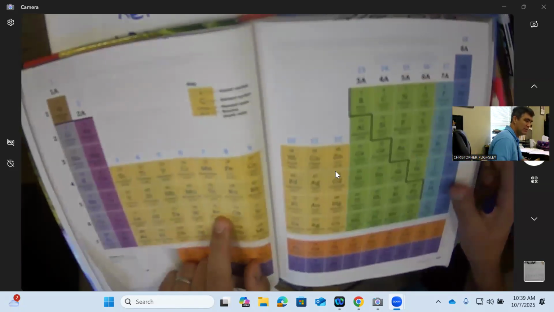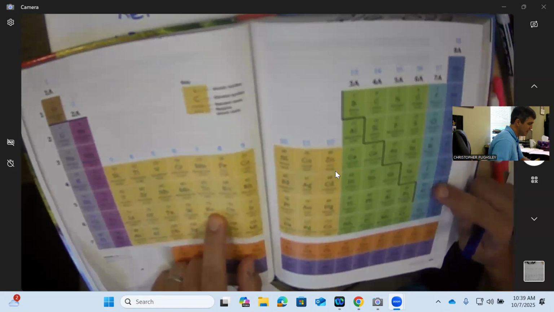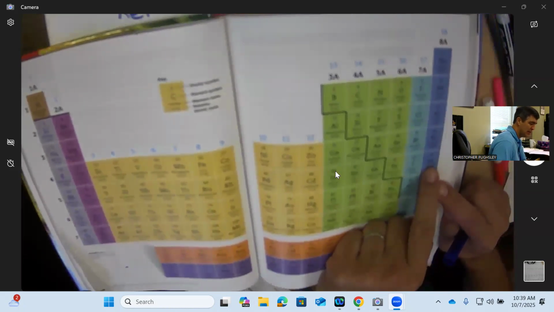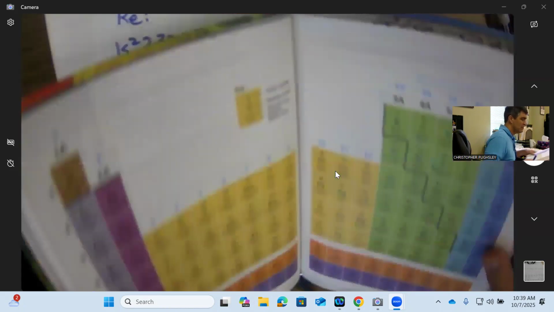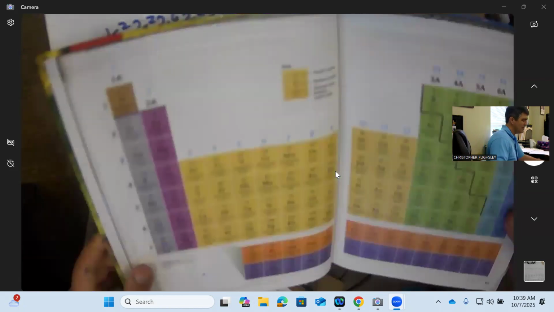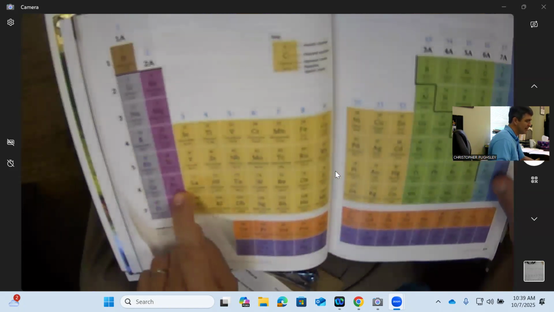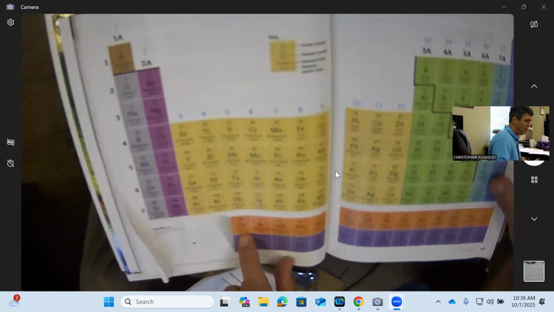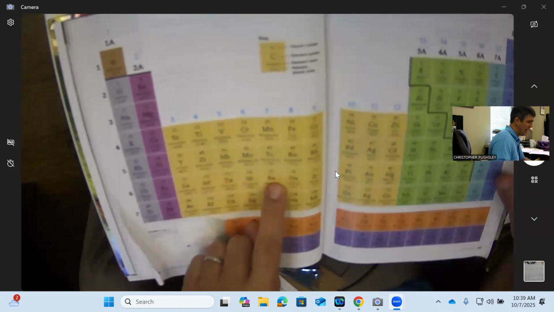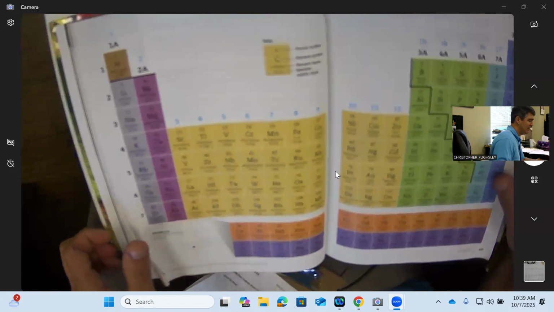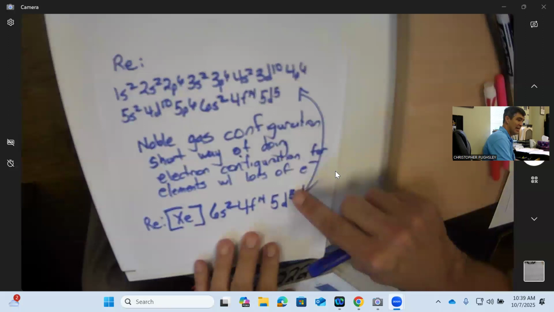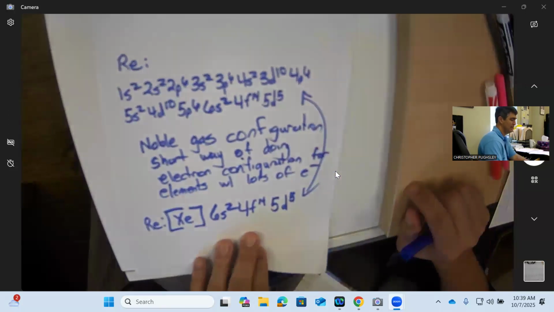So here's rhenium, here are the noble gases. If I go backwards, the last one before rhenium was xenon. So I'll write Xe, and then I do all the elements in the period: 6s2, then 4f14, and then 1, 2, 3, 4, 5, 5d5. And so that's how I get it. These two are the same.